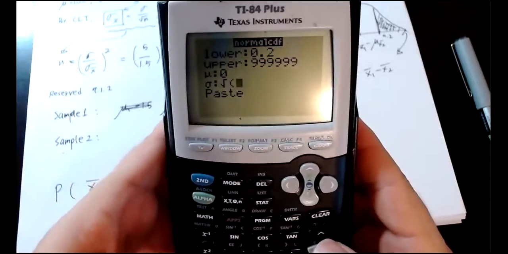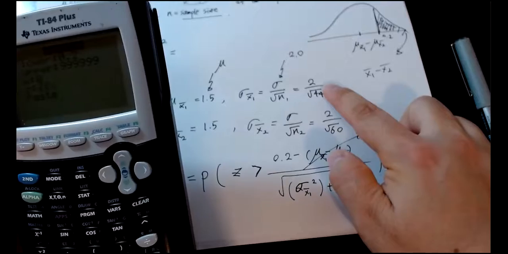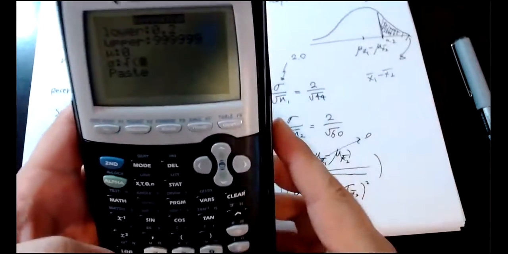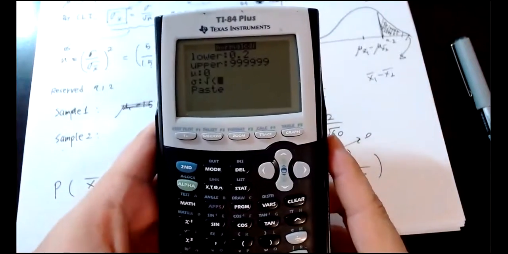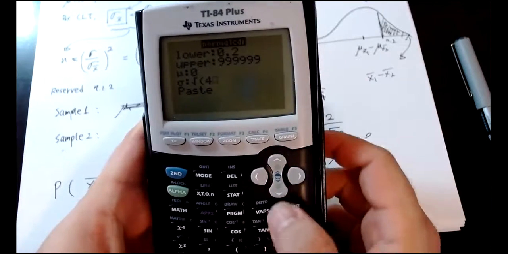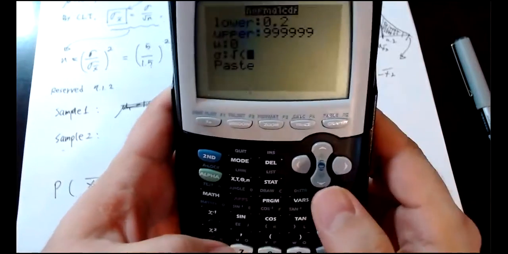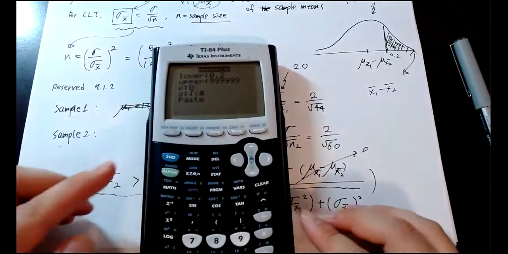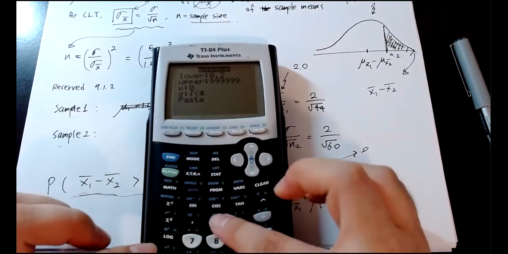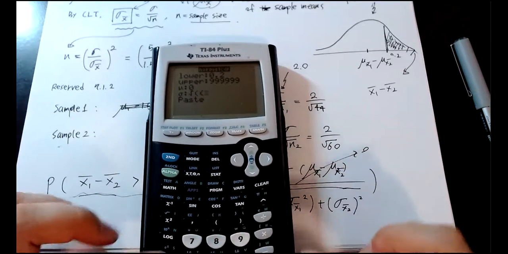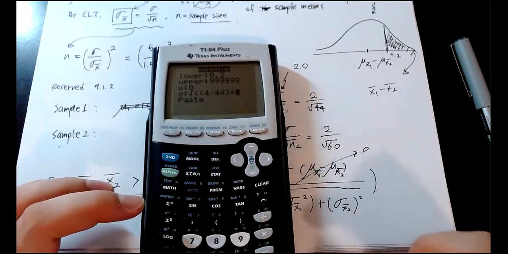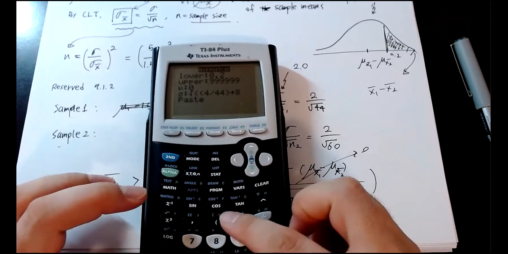The square root of 4 over 44 plus 4 over 60.